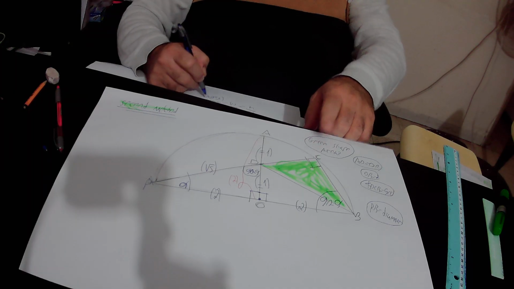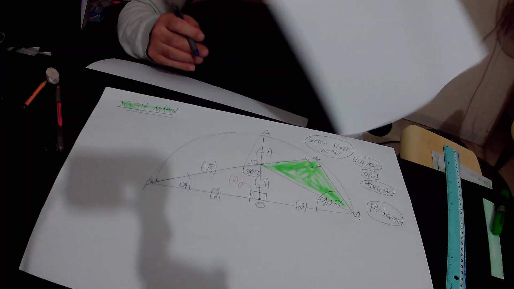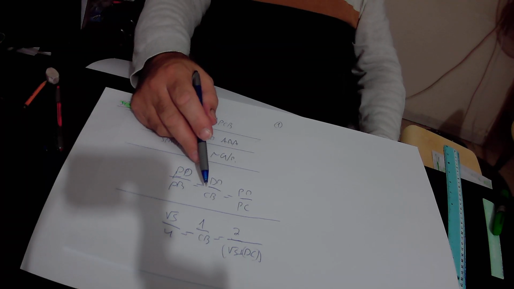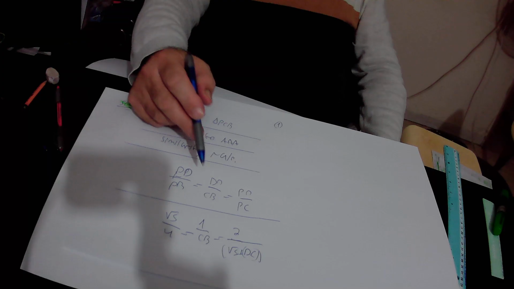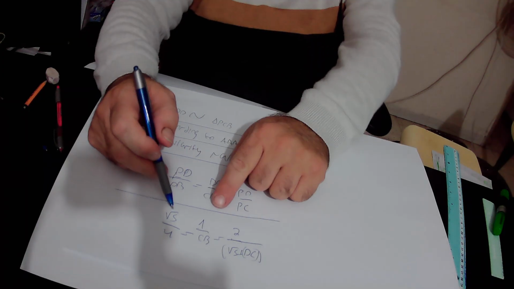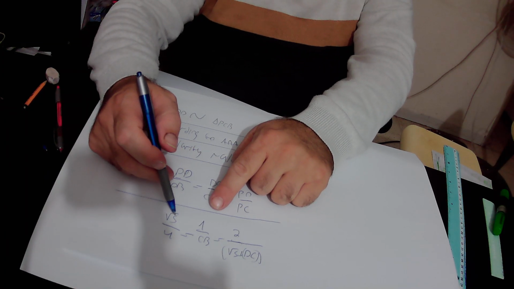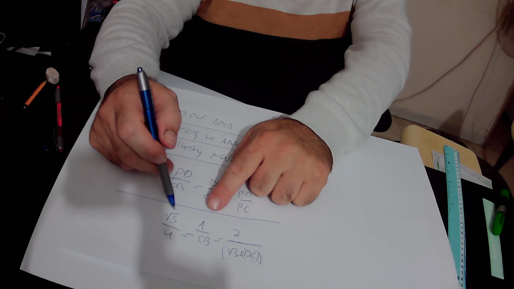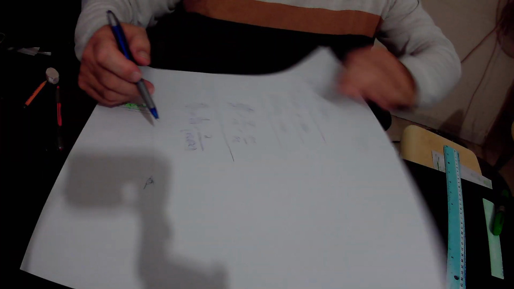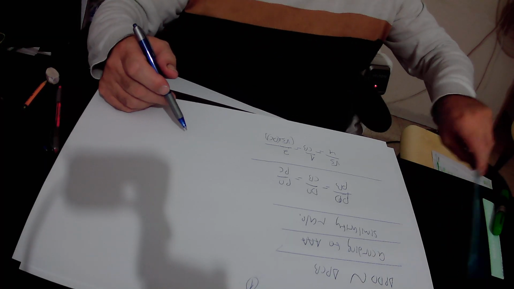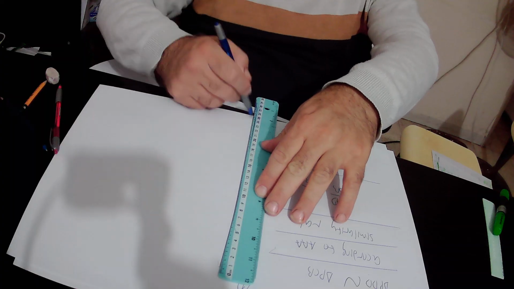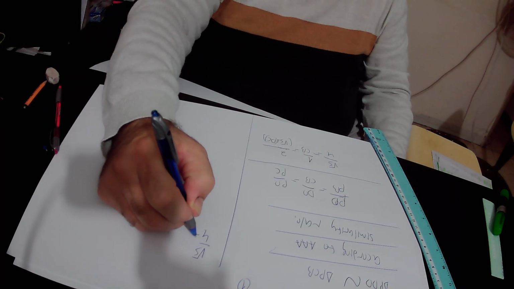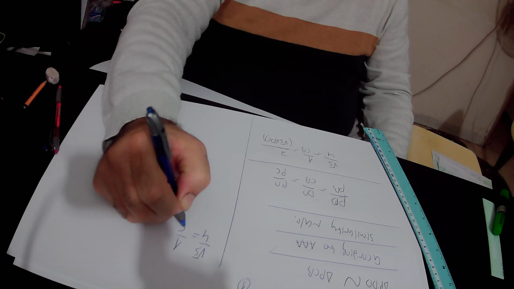So in total, we found that square root of 5 over 4 equals 1 over CB, which equals 2 over square root of 5 plus DC. Those expressions are equal to each other, so we get equation 1 from them. This is to say, the square root of 5 over 4 equals 1 over CB.